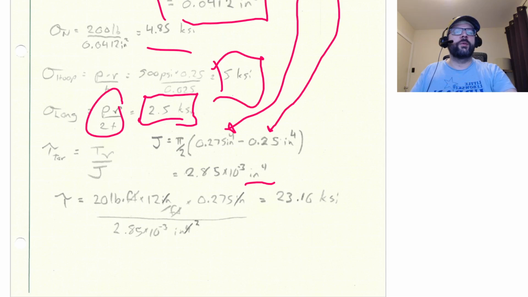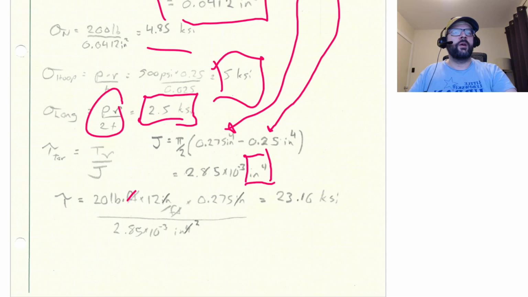The torsion that was applied was 12 pound feet, I guess, pound feet. So I want to convert that to pound inches.